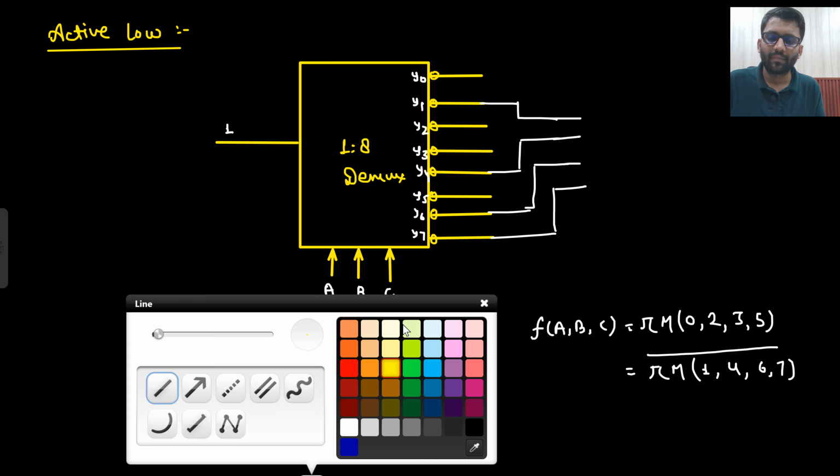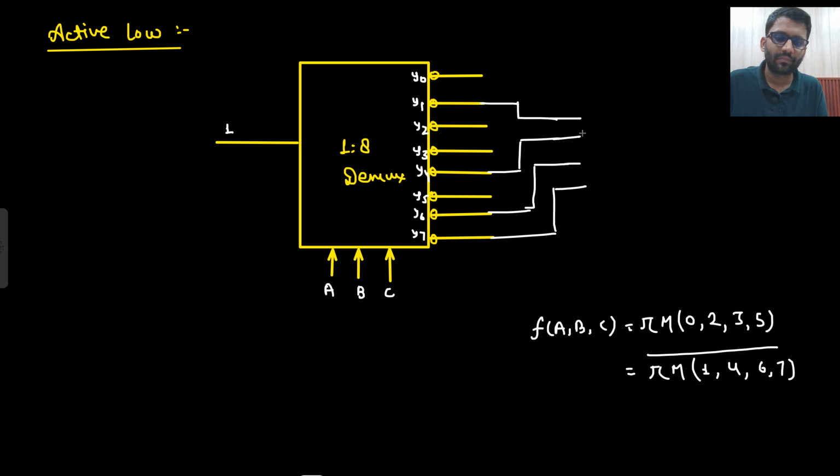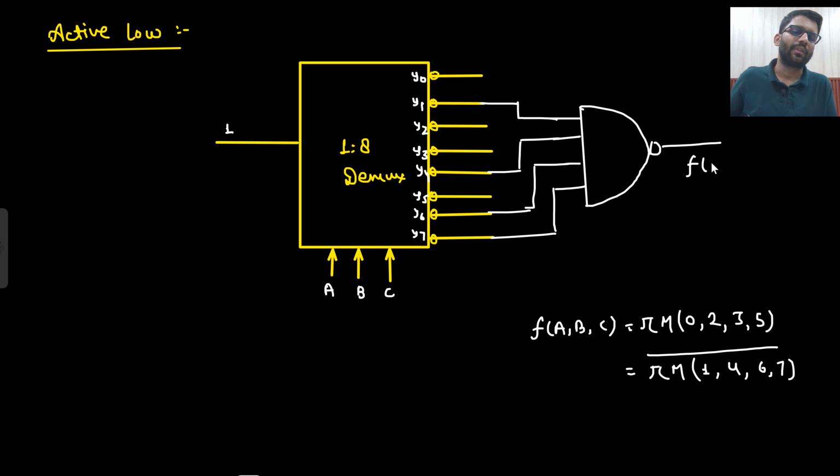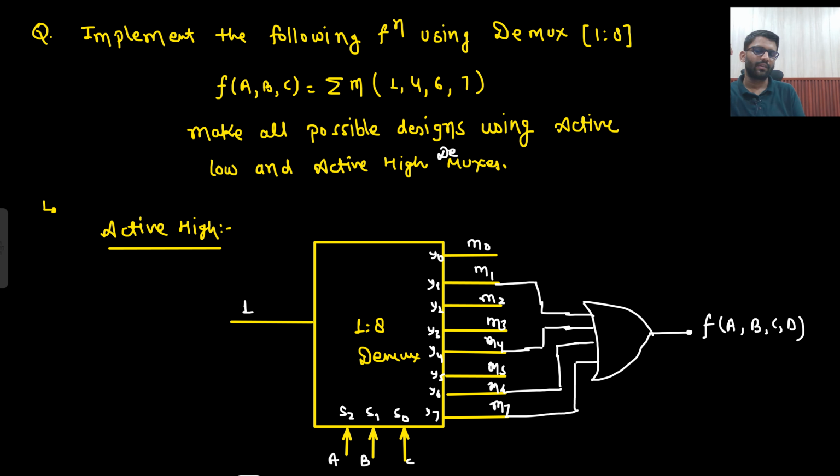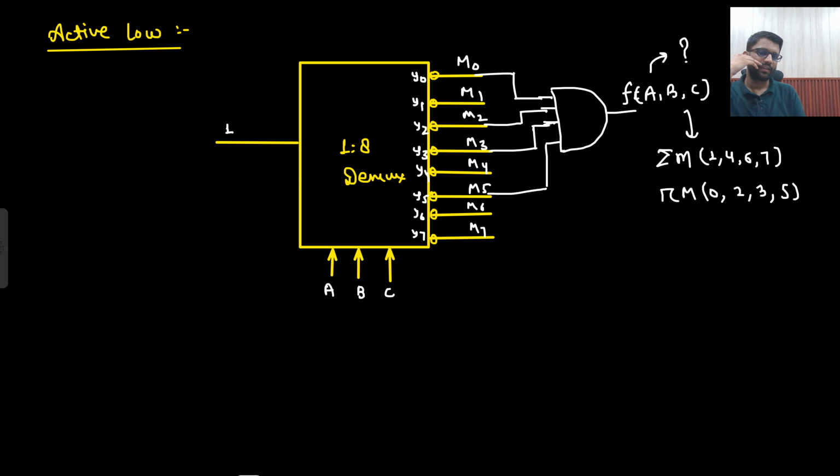Multiply all of them and take bar of that. That would be your function F(A, B, C). So there are 4 ways of denoting it. 4 ways we have seen, right?